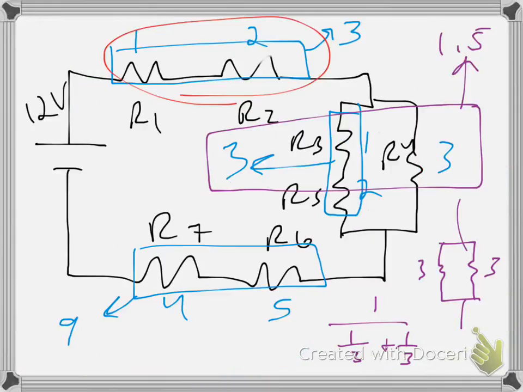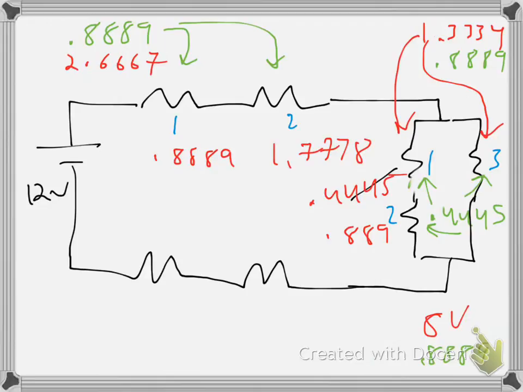Those resistors were 5 and 4. And so I know that the current has to be the same because these are in series. So 0.8889, 0.8889, and I know that due to Kirchhoff's second law, these two voltages better add up to 8.